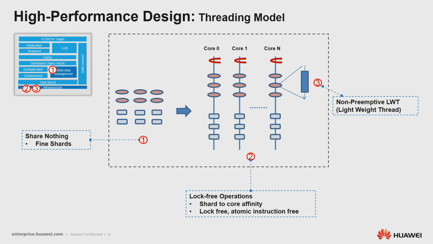Within each fine shard, we can have a shard-to-core binding, or affinity. There we do lock-free, even atomic-instruction-free operations. At the task level, we also use non-preemptive lightweight threading, LWTs, so that tasks run from beginning to end, a run-to-completion model. This will minimize the context switch cost.